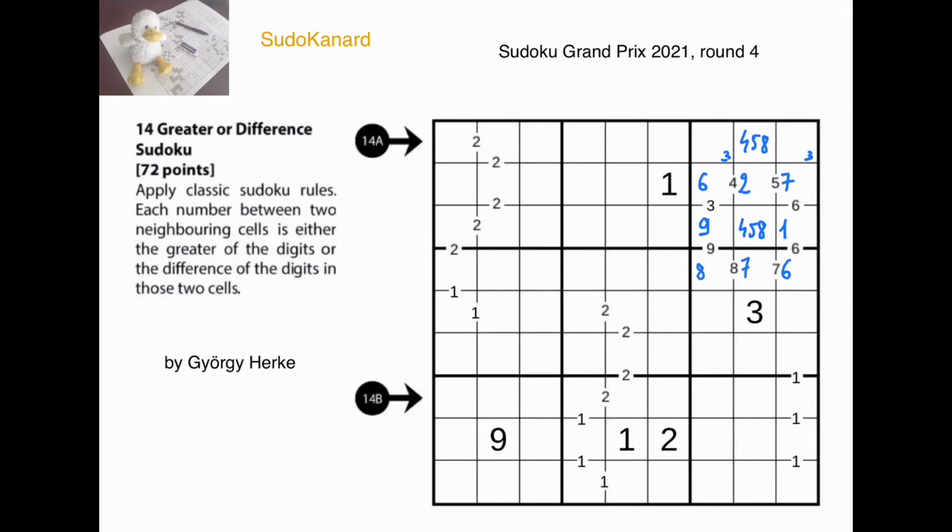So 8 or 9 are in these cells. This is an 8, so we get 9 here, 8 there, and it pushes the 3 here. We can remove 8 from those cells. So now this sequence is 2, 3, 4, and 5 in some order. And we can't know which way around yet.